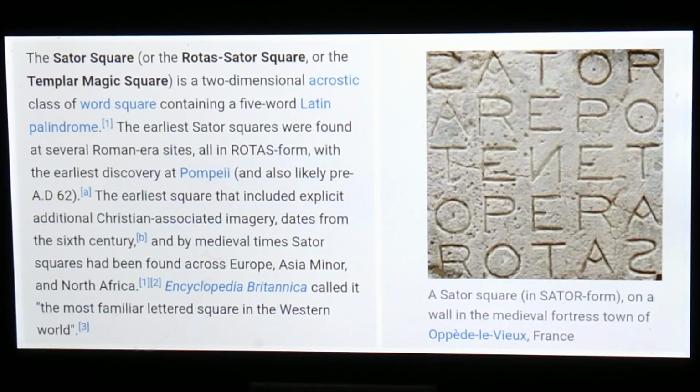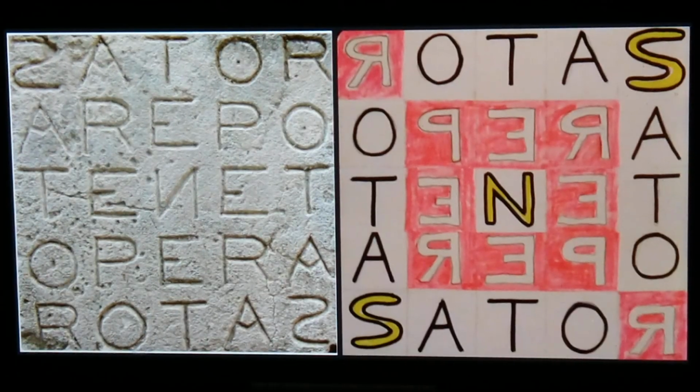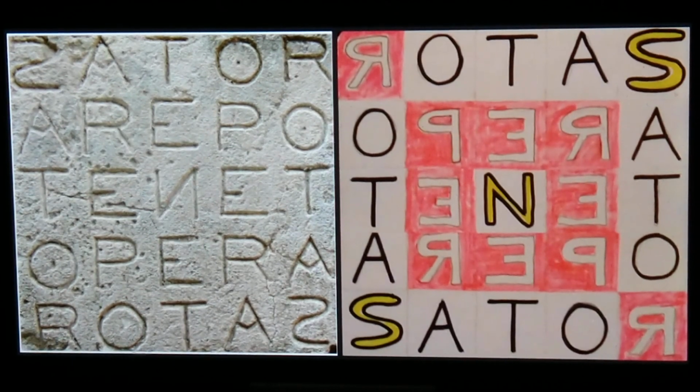Take a look off to the right. You can see the picture that Wikipedia has up for that entry. I took a screenshot of that square that Wikipedia showed, put it off to the left. There's something interesting about that square. Notice there's 3 letters that face backwards.